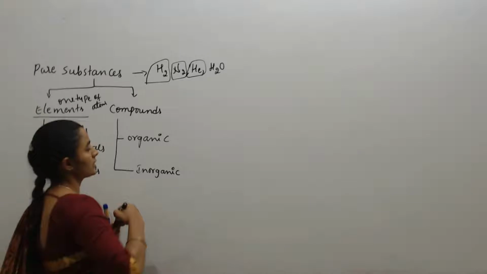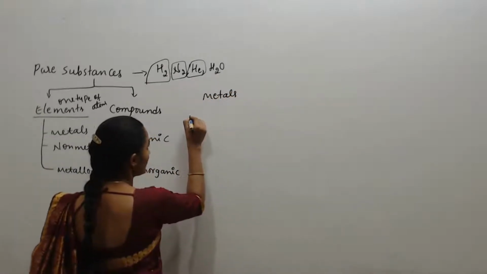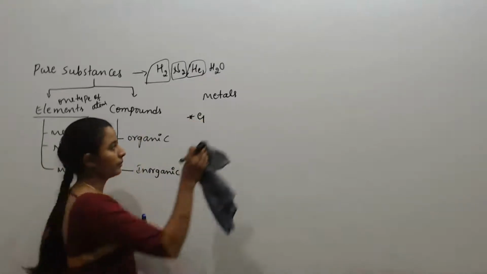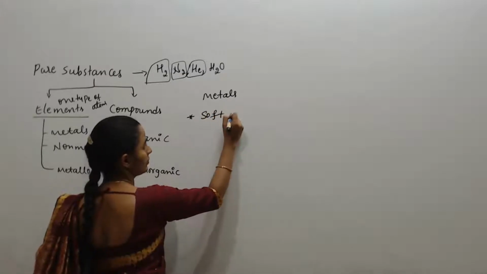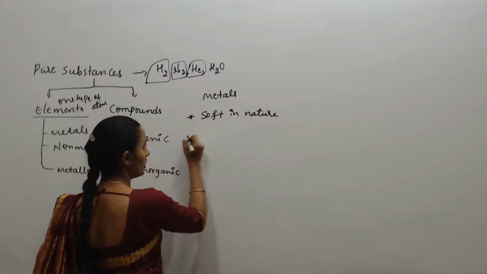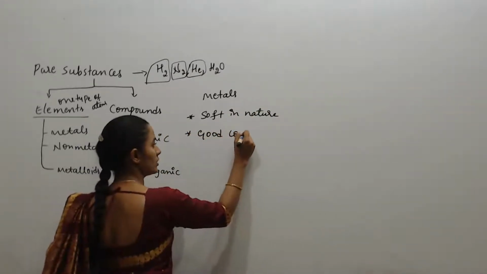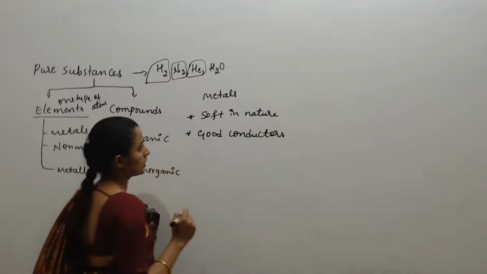Here, if we consider metals, metals are soft in nature, and they are good conductors of heat and electricity.